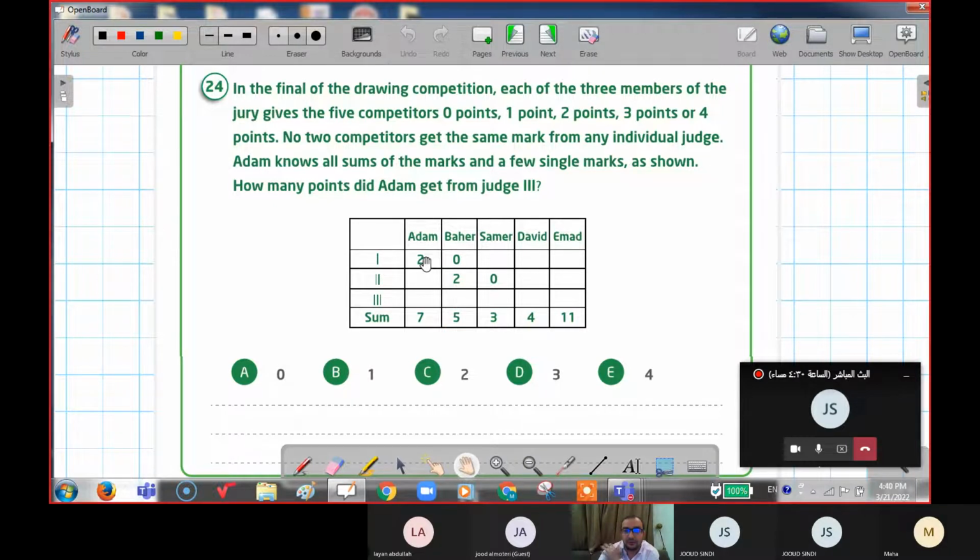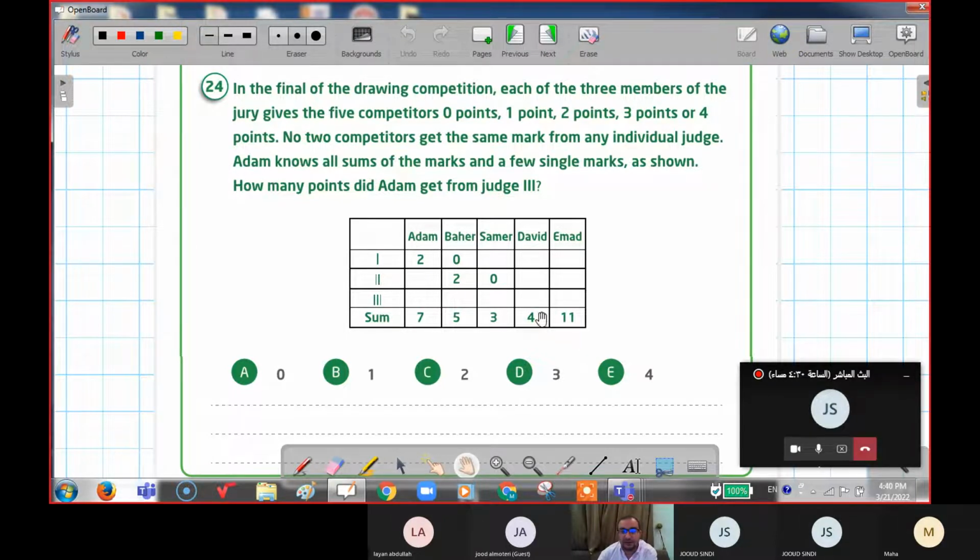The question says Adam knows all the sums of the marks. So Adam knows that he took 7 points, and Bahir 5, Samir 3, David 4, and Imad 11.